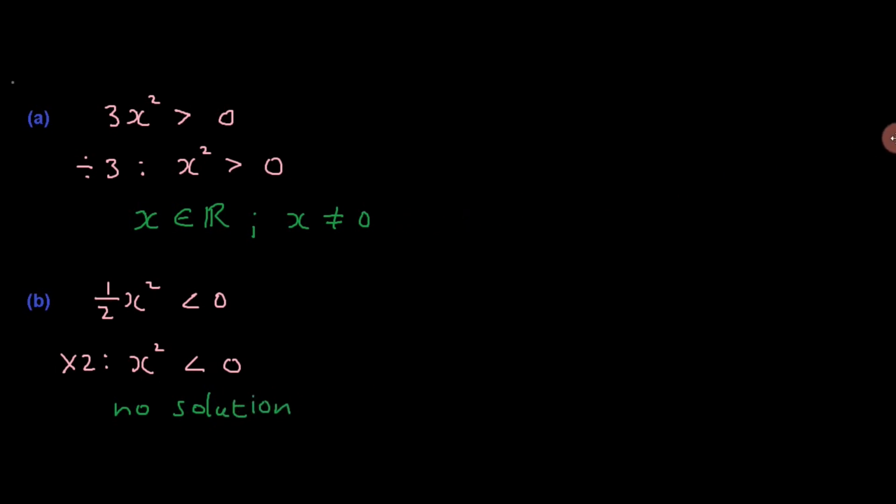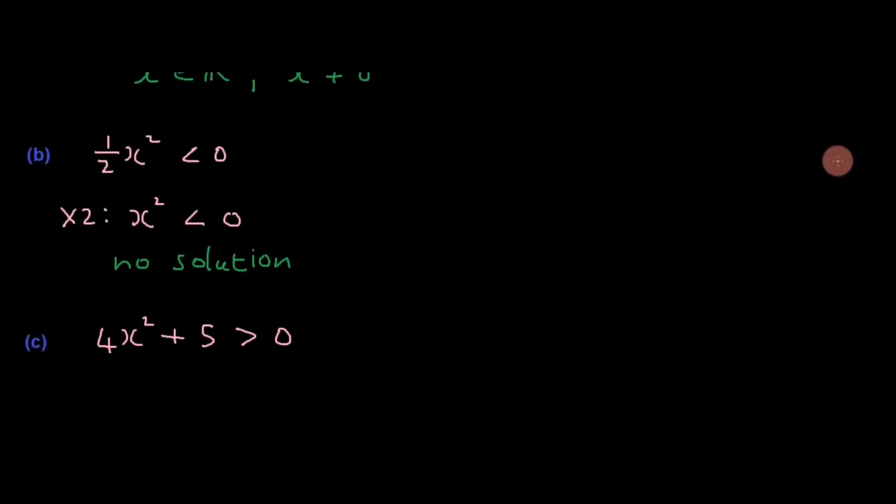Let's look at C. Here we have that 4x squared plus 5 must be greater than 0, in other words positive. Now we know that 4x squared is going to be either 0 or positive. It's 0 when x is 0, and it's positive when x is any number other than 0.